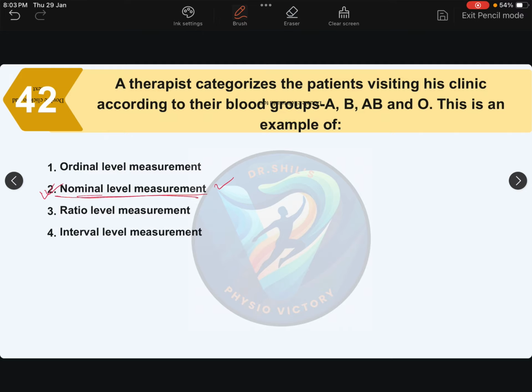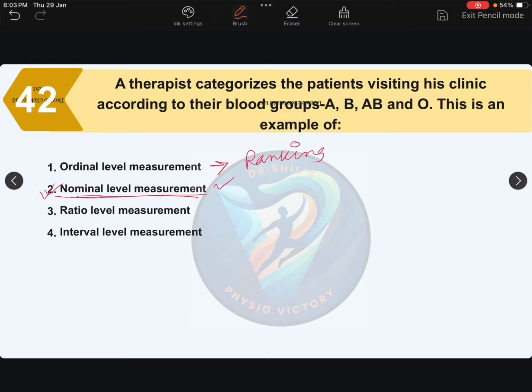In nominal level there is categorization only. There is no order or ranking. Blood groups are names and labels only. In ordinal level there should be a ranking, 1, 2, 3, 4 like this.